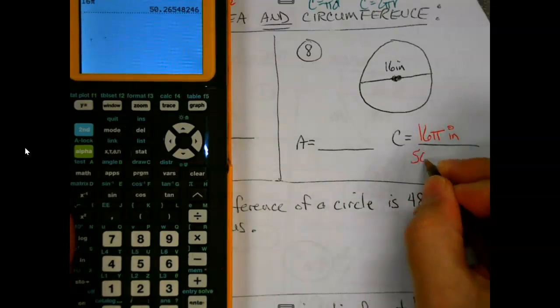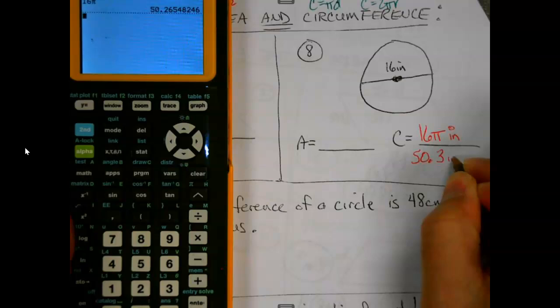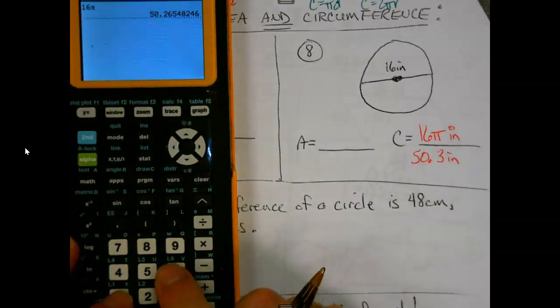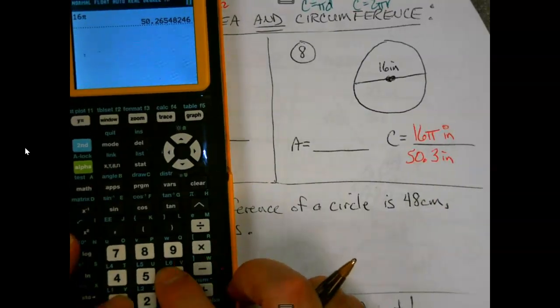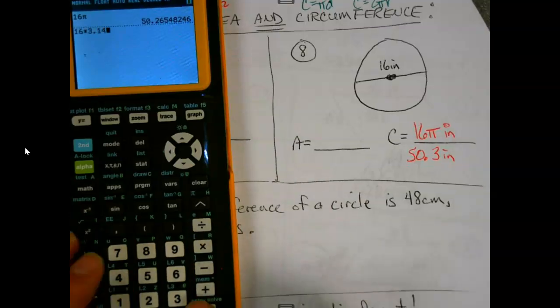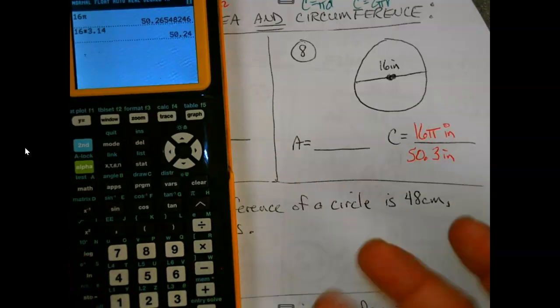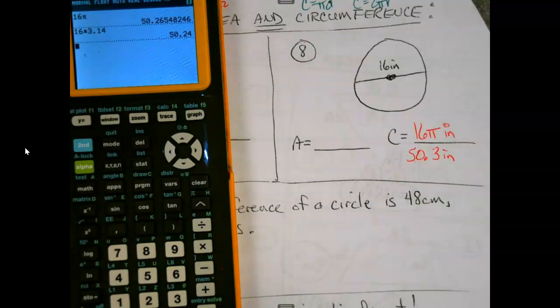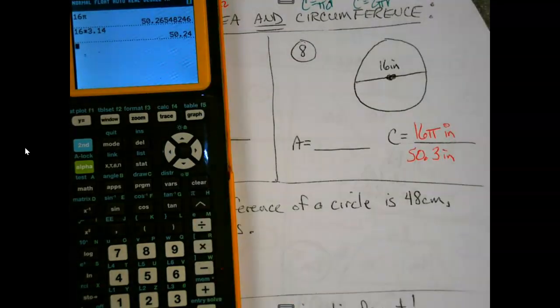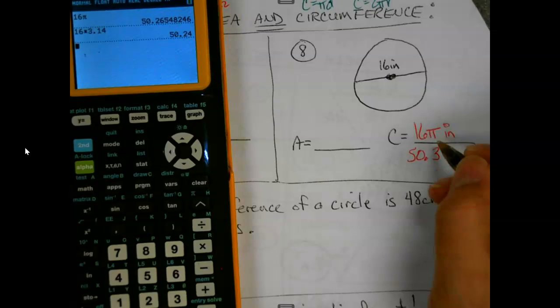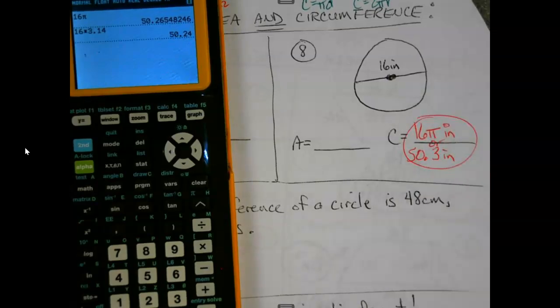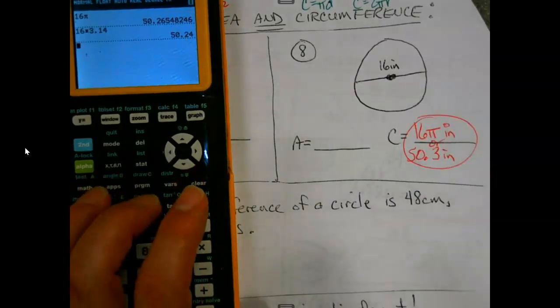So if we wanted to be like 50.3, even if you don't remember the pi part, and just said, hey, 16 times 3.14, that basically is going to get you to the same answer. I mean, if you rounded, you say 50.2, but I'm going to understand where you were heading with that. But again, labels, very important.